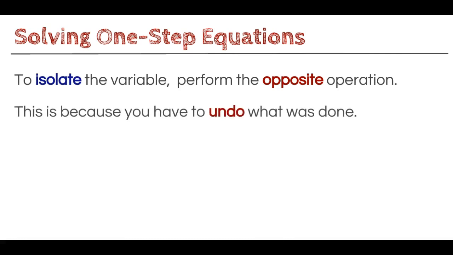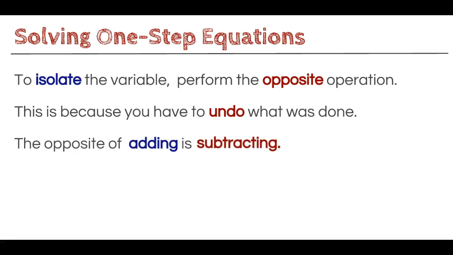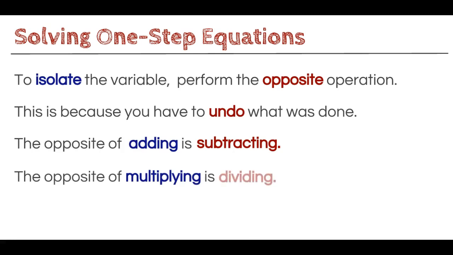You have to undo what you did. Just like in the first question where I had plus 2, I undid the plus 2 by taking away 2. So the opposite of adding is subtracting. We haven't seen examples using multiplying yet, but we need to know that the opposite of multiplying is, of course, dividing. Again, we'll see this sometimes.